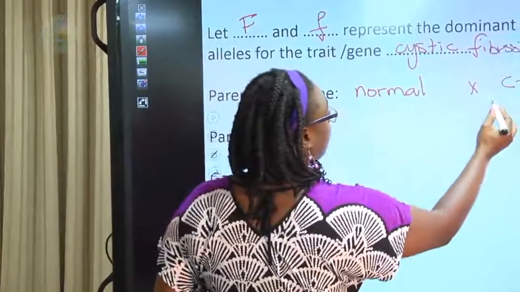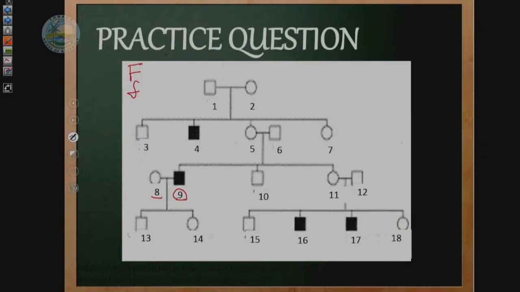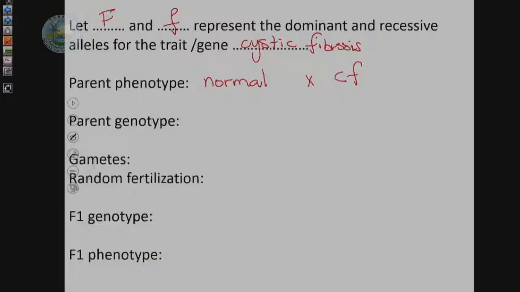The parent that has cystic fibrosis is a male, so we use small f, small f, and we are using the assumption that the normal parent does not have any recessive alleles to pass on to the offspring.